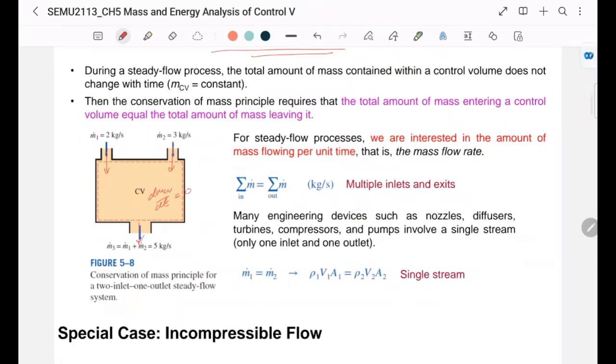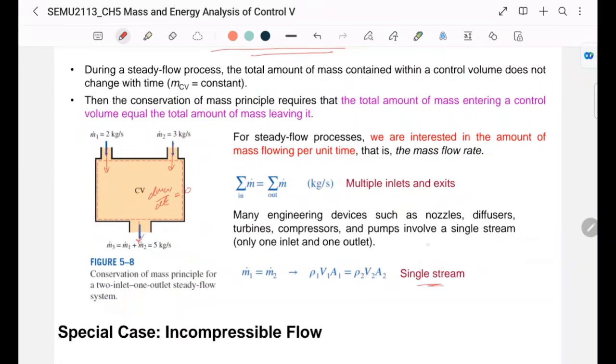In this kind of system, if it's a single stream, which means 1 in, 1 out, m dot 1 equal to m dot 2. If we write 1 for this, then m1 plus m2 equal to m3. This is the conservation of mass for this system.